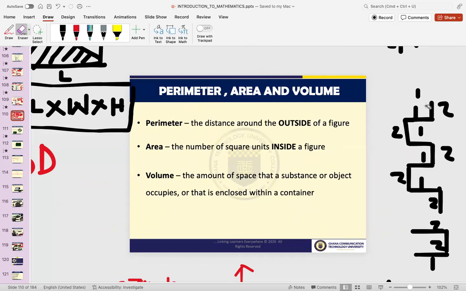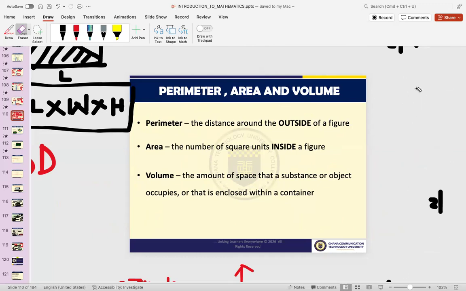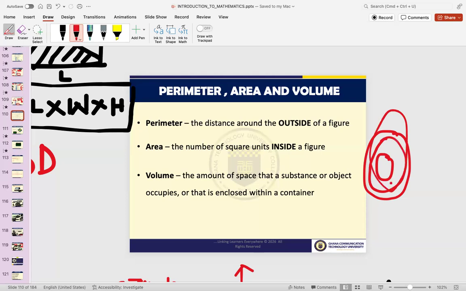Correct yourself. What will you use to calculate the car tire? We pump air inside. Don't you know we pump air inside? Yes. Volume, circular form. So it's volume. We have air all around.